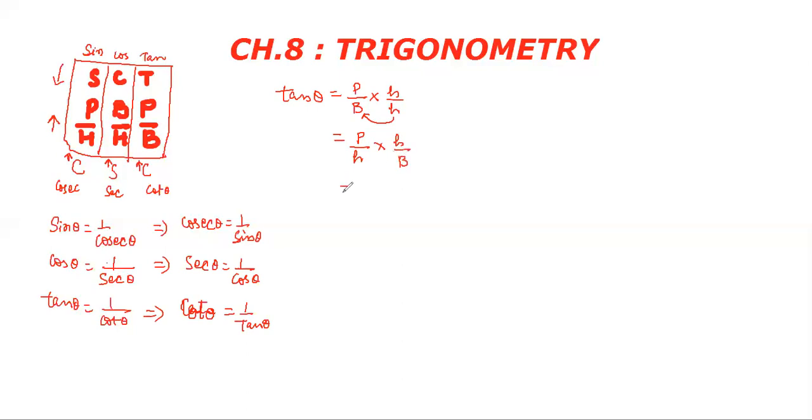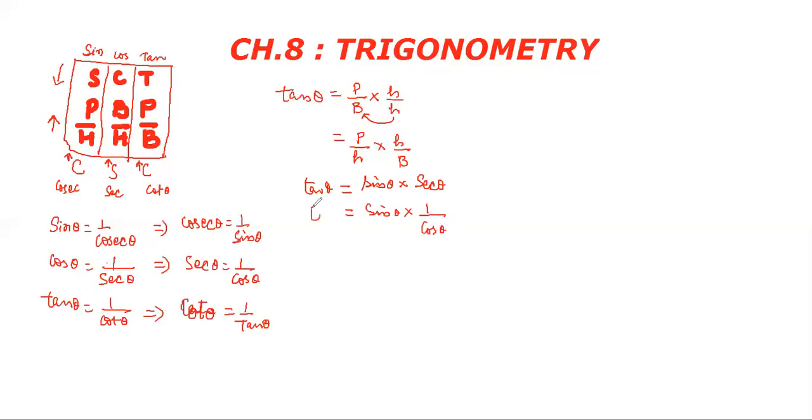So I may say that tan theta is equal to sine theta, since perpendicular upon hypot is sine theta, and this is hypot upon base. Hypot upon base is sec theta. So I can write sine theta into sec theta. Reciprocal of sec theta is 1 by cos theta.